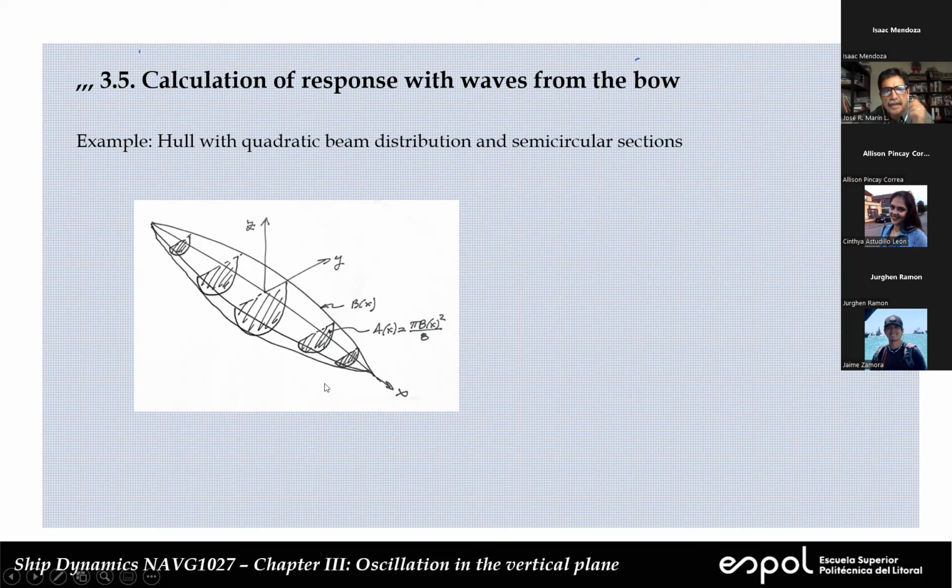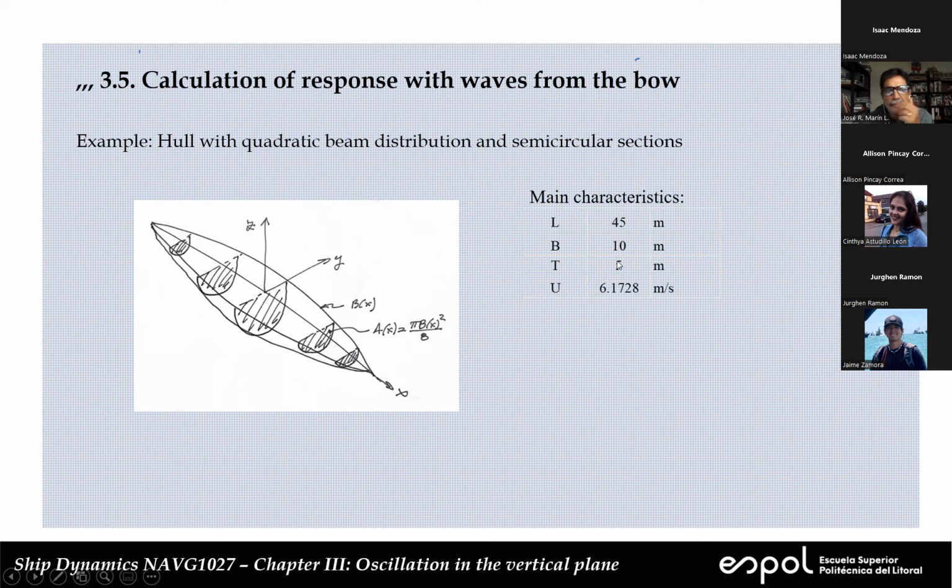So that's that. For this numerical example, these are the numbers that I'm going to use. 45 meters long, 10 meters in beam, so L/B is 4.5. And this is typical, okay? Beam to draft equals 2.5.